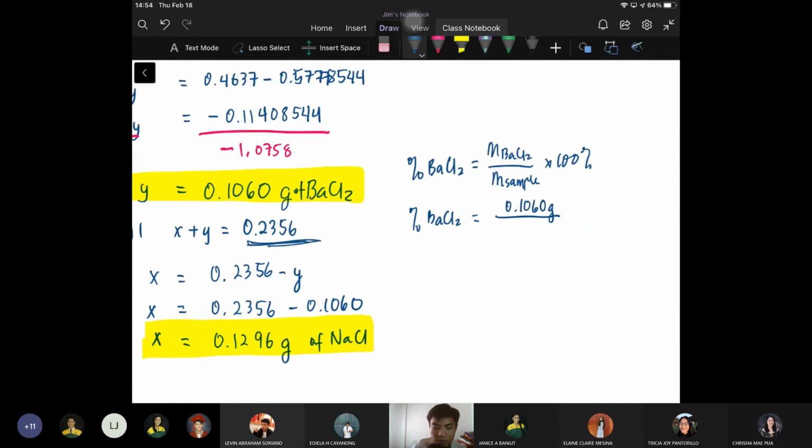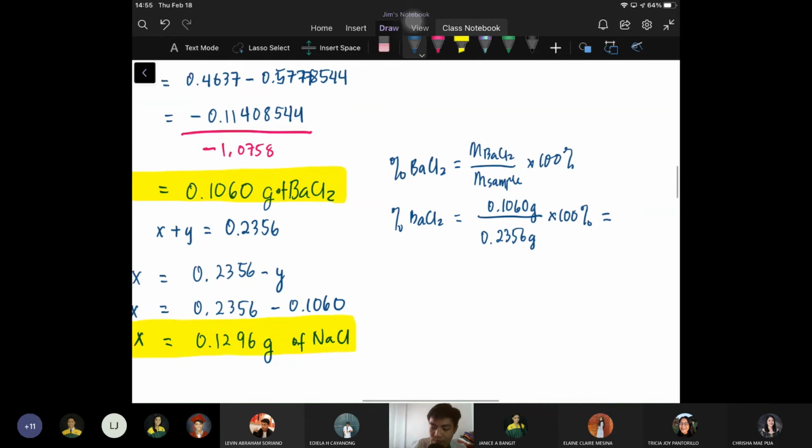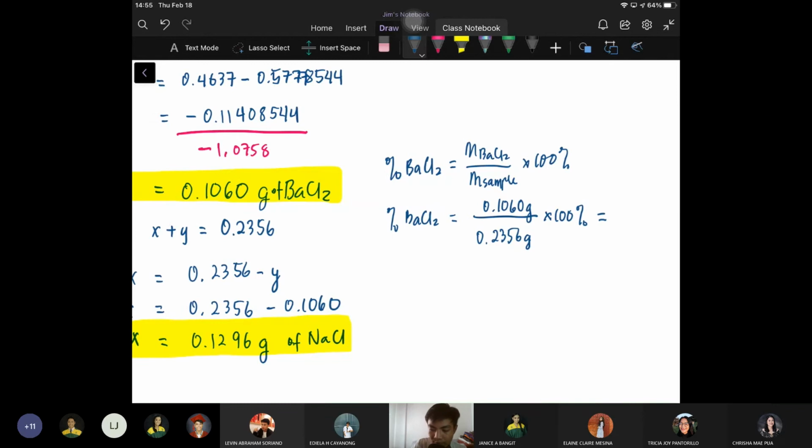Ito, 0.2356. Times 100%, and you will get a percent mass pala of 44.99%.